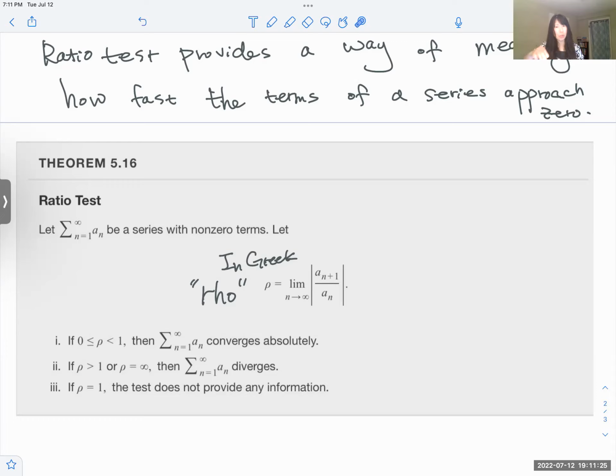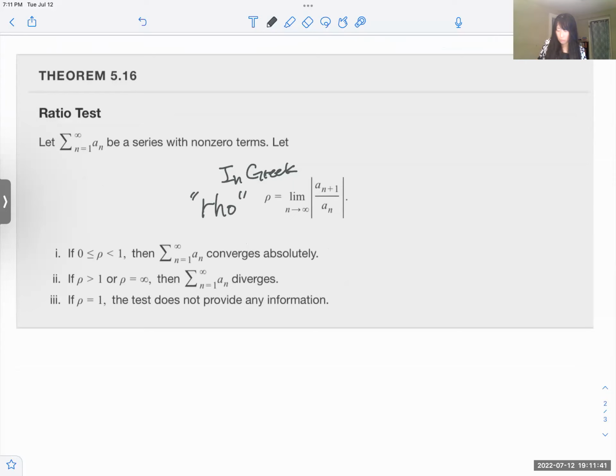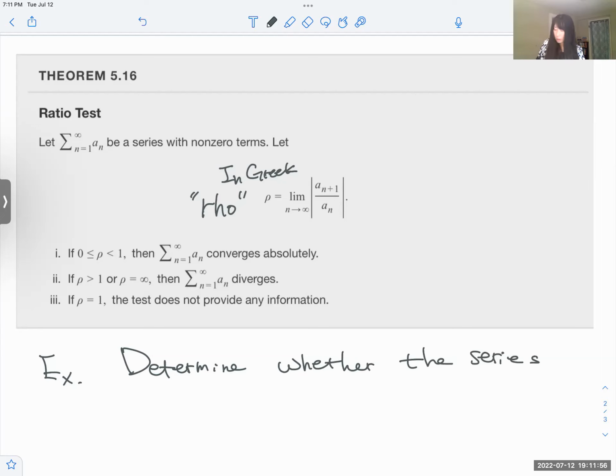All right, so let us do this. Look. Determine whether the series converges or diverges.